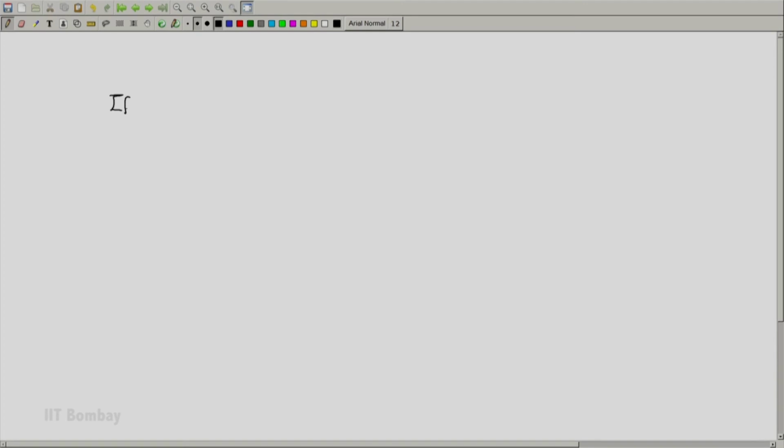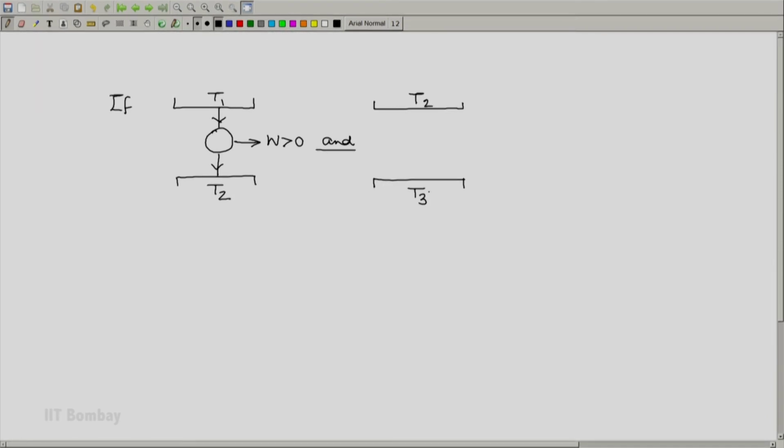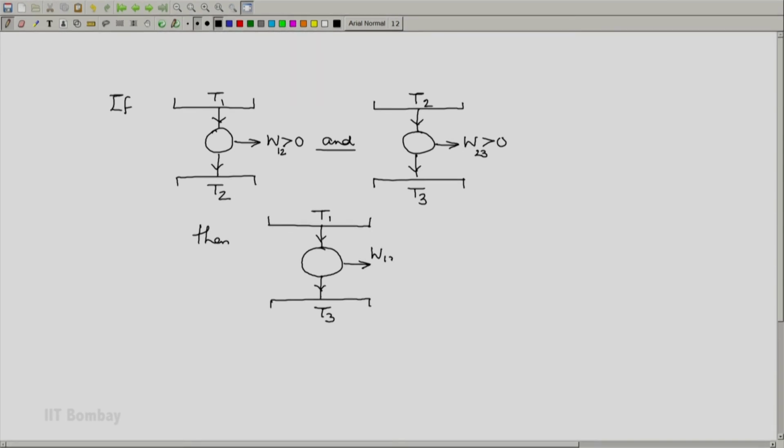This means that if an engine works between T1 and T2 like this, and an engine works between T2 and T3 like this, then if we try to create or run an engine between T1 and T3, then it will run like this, absorbing from T1, rejecting to T3 and producing some work output, and not like this.